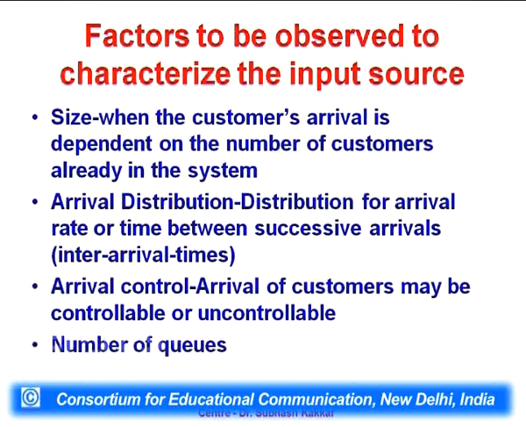Arrival distribution, distribution for arrival rate or time between successive arrivals, inter-arrival time. Again, this is important. Arrival control, arrival of customers may be controllable or uncontrollable. These are the factors which are to be observed to characterize the input source. And again, number of queues, number of channels available.